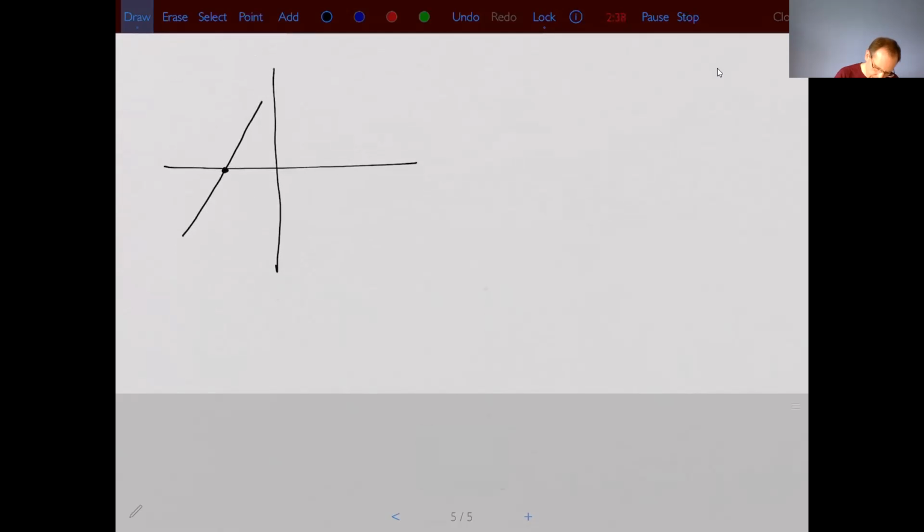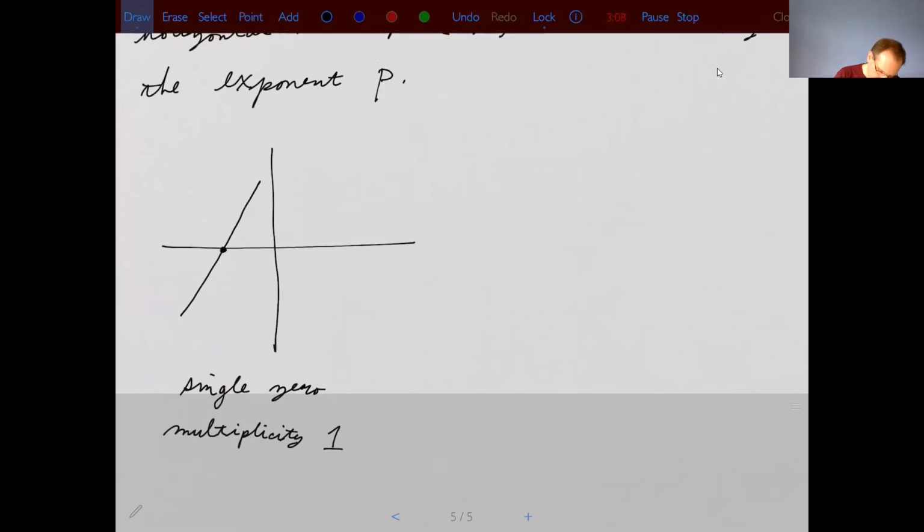So this would be a case where we have a single 0, multiplicity 1. And what does it look like? It looks linear, right? If you zoom in right near that root, it looks like a line passing through. Okay, so this would be the case if the exponent is a 1.